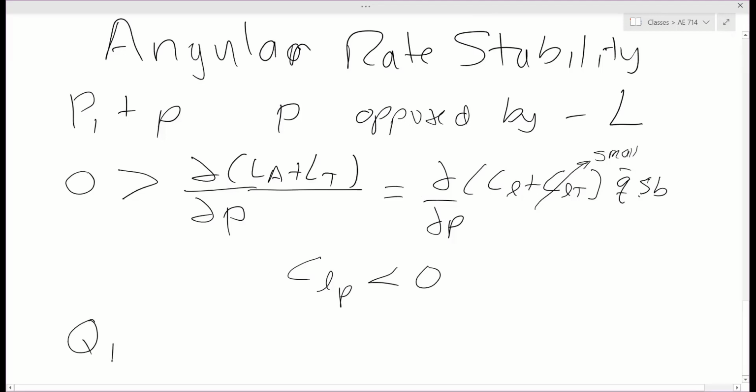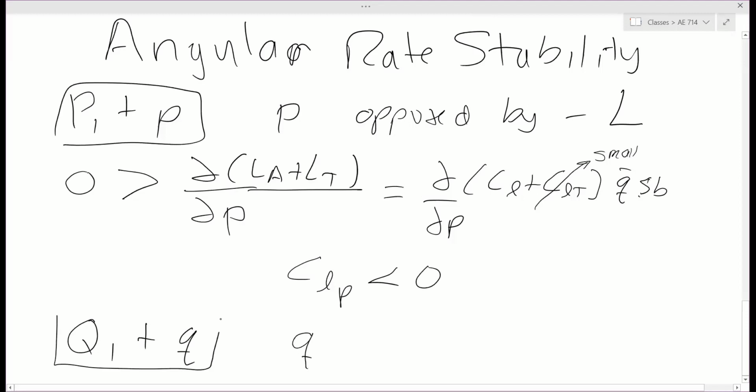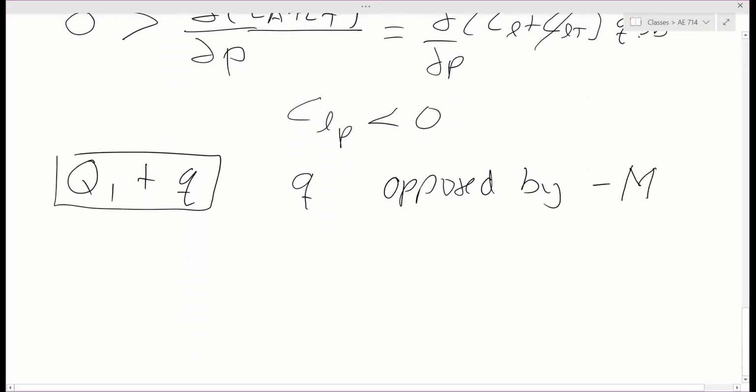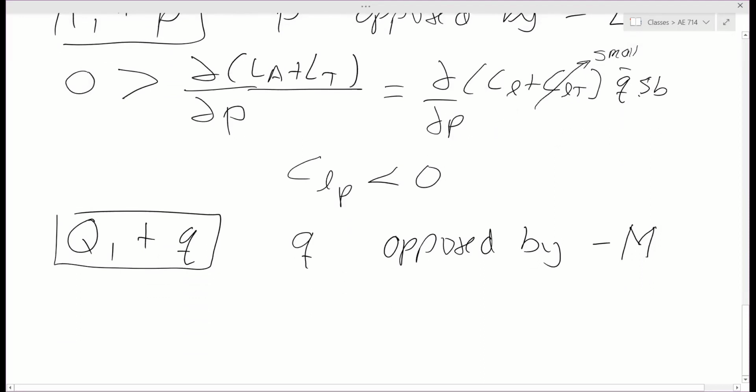Same deal with pitch rate. So with pitch rate, if we have a disturbance, this is opposed by a negative pitching moment. And so this is easy to write out.